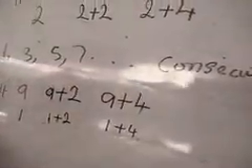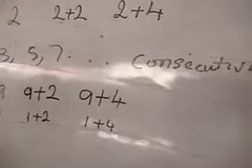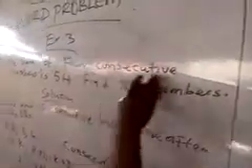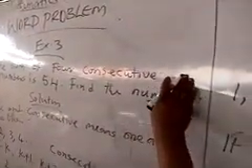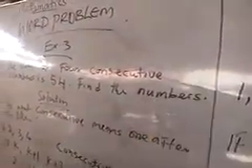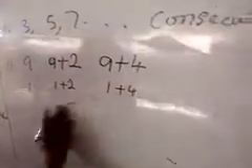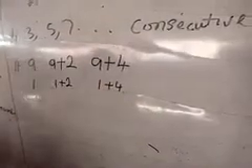The sum of 4 consecutive numbers is what? 54. You are asked to find the numbers. Now, if you consider the question, they didn't say odd number or what? Even number. It's just natural numbers. Now, to derive its solution, you have this.